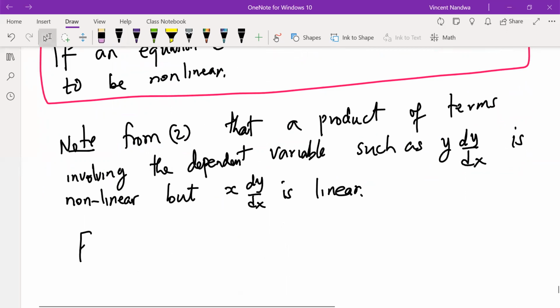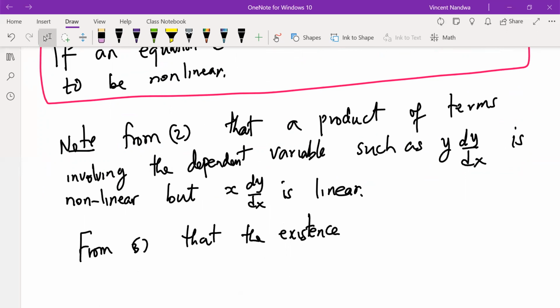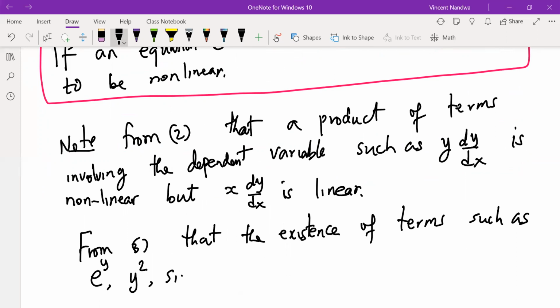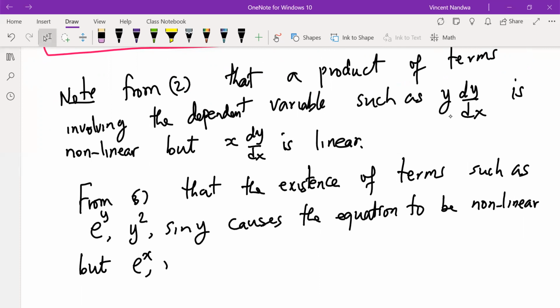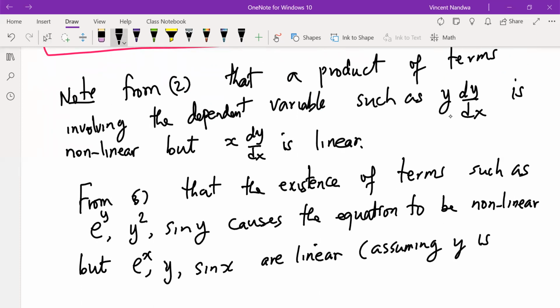And from 3, the existence of terms such as e raised power y, y squared, sine y causes the equation to be nonlinear, but e raised power x, y just power 1, and sine x are linear, assuming y is the dependent variable.